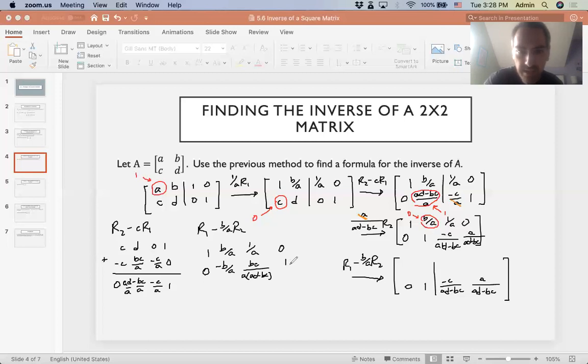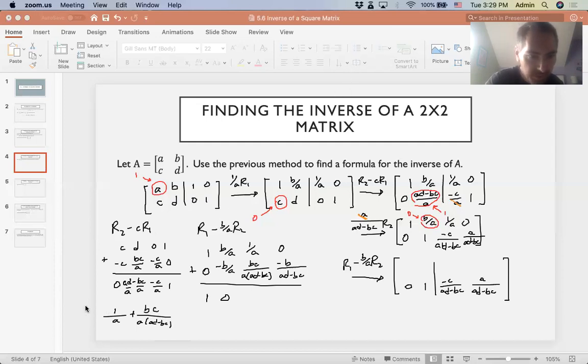So we have a B over AD minus BC. That'll be a negative there. Okay, so I am adding these together. When I add these together, more scratch work here, right? In order to add, I need a common denominator. So I'm going to multiply that first fraction by AD minus BC, both top and bottom.